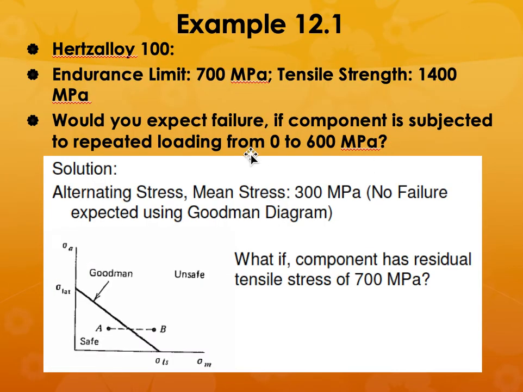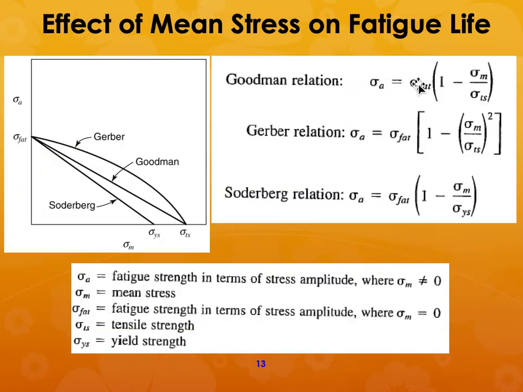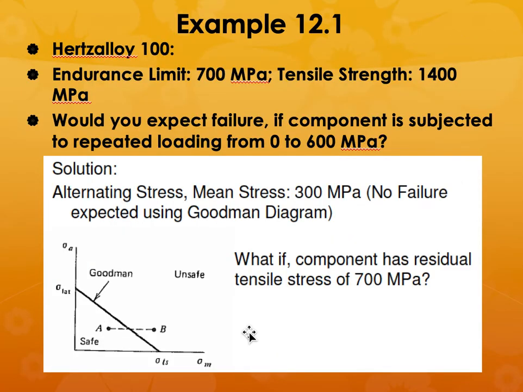So here is an example. The endurance limit is typically sigma FAT, or sigma fatigue. That is the endurance strength. The tensile strength is 1400 megapascals.